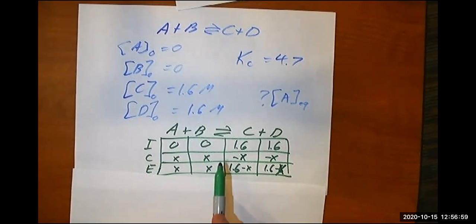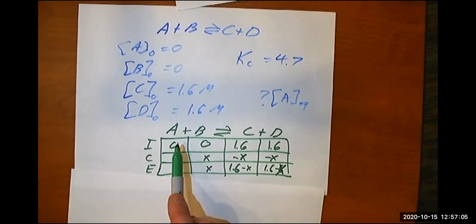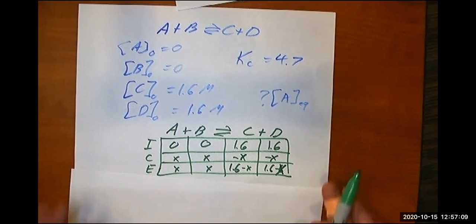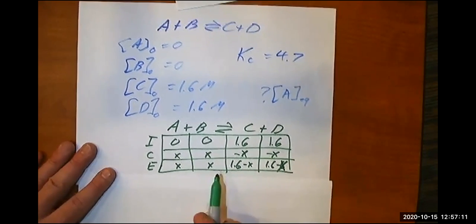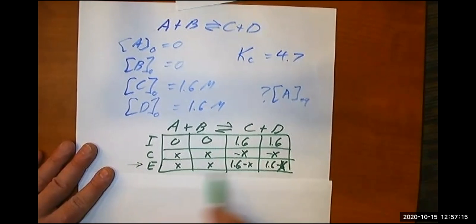But if we think about that, the Q is going to be the concentrations of these divided by the concentrations of these. What happens when we divide by 0? Got a problem. So we're going to skip the making a Q part, and we're going to go straight with the equilibrium condition here.